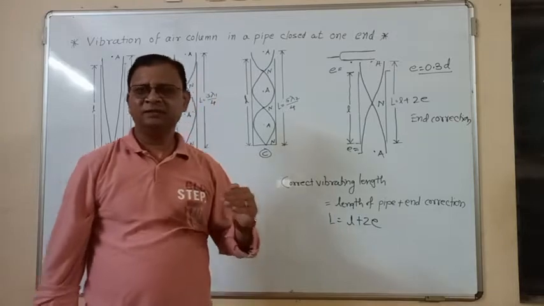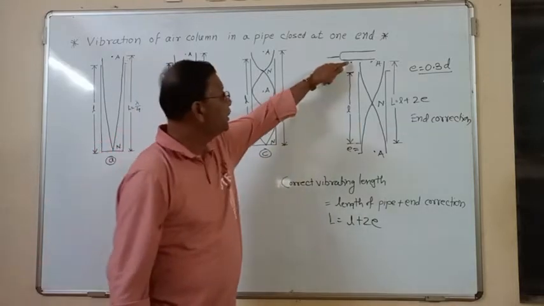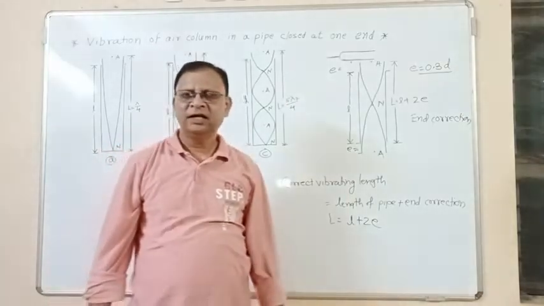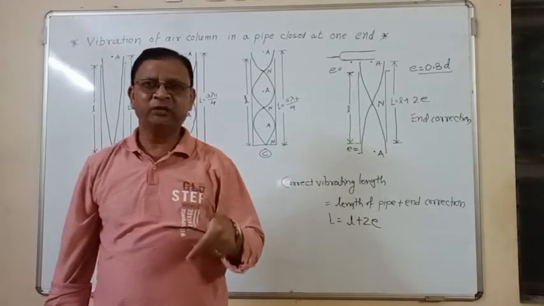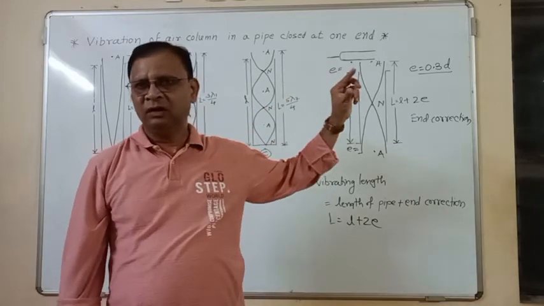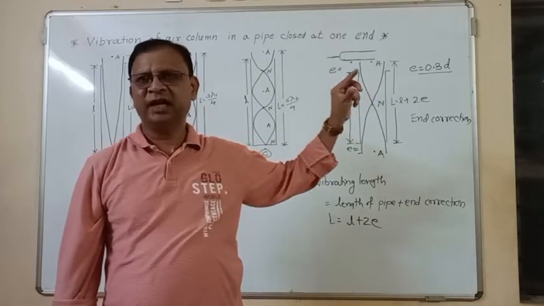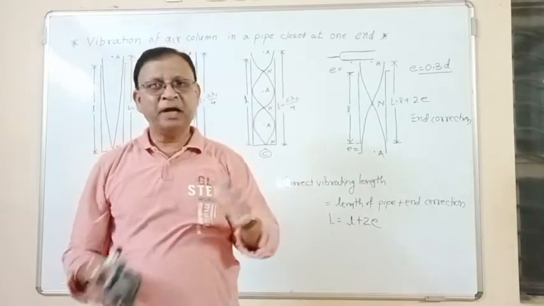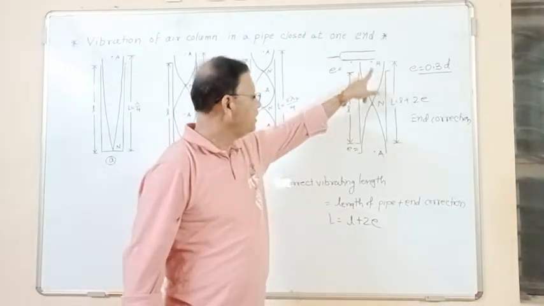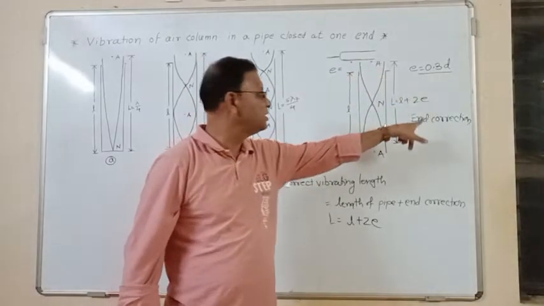It is the distance of the antinode from the open end of the tube. In case of pipe closed at one end, correction will be only on the side which is open. But if the pipe is open at both ends, then end correction will be applied on both the ends, that means 2E.